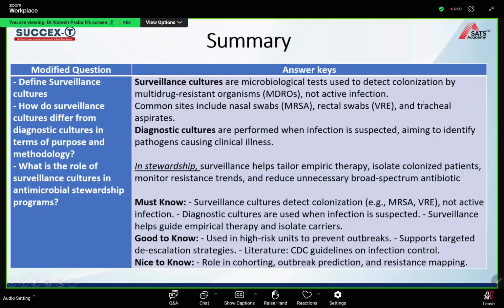They are not aimed at identifying colonization with multi-drug resistant organisms. They help in antibiotic stewardship and in tailoring empirical antibiotic therapy to isolate antibiotics. So this is about the first topic.